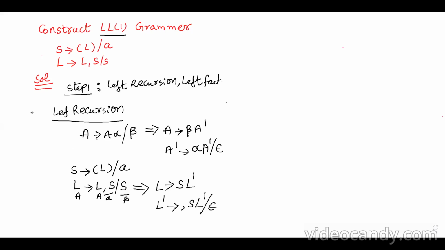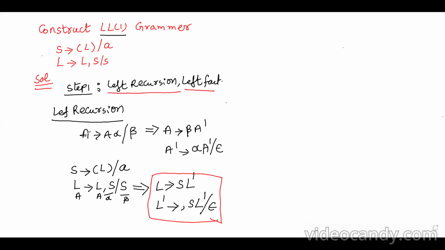So remember, first you must eliminate the recursion. This is the new production we have after eliminating the left recursion. Remember, there are two things: the first is left recursion, the second is left factoring. What is meant by left recursion?